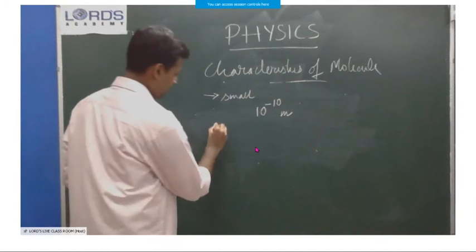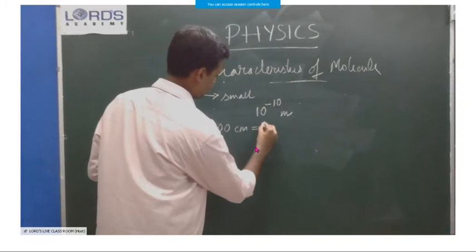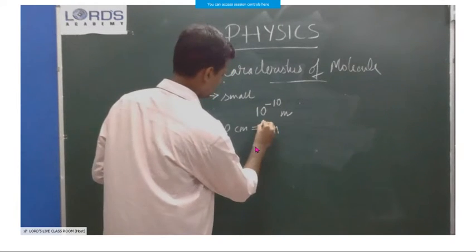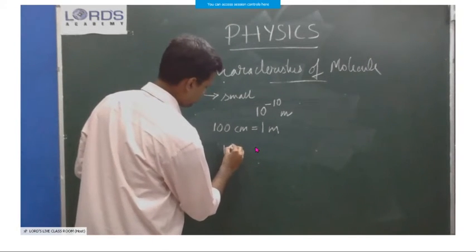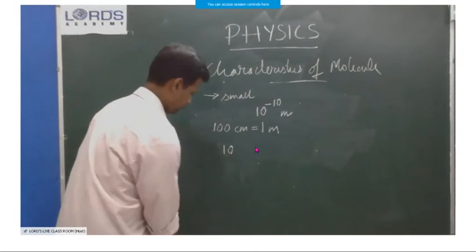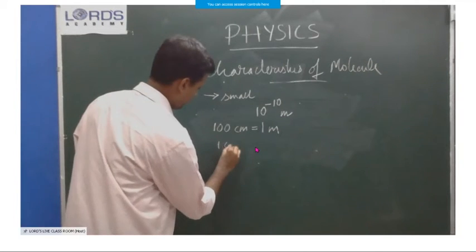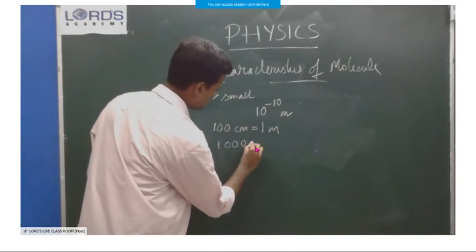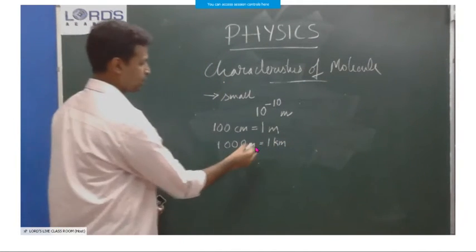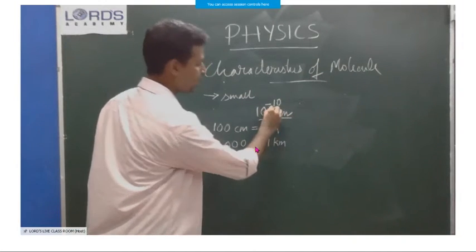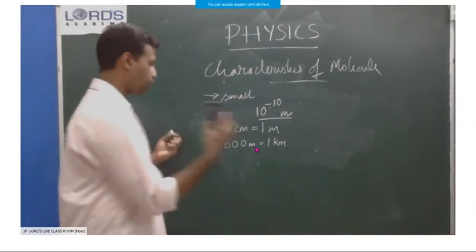We know that 100 centimeter is equal to 1 meter, and 1000 meter is equal to 1 kilometer. But this is 10 raised to minus 10 meter. So how long is it? How much size does it have?